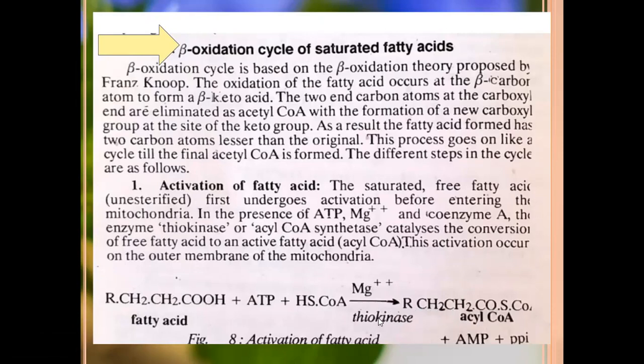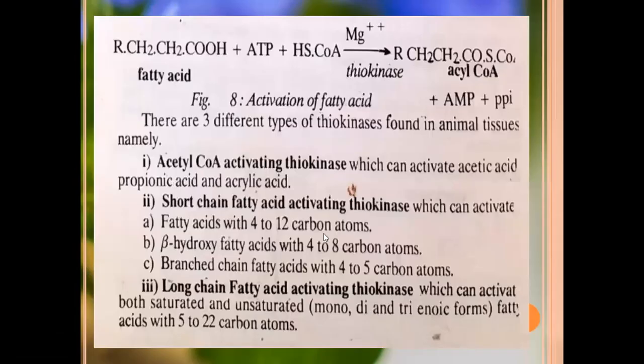It is the first step of the beta oxidation cycle. Here the fatty acids are converted into acyl coenzyme A in the presence of thiokinase enzyme. This process is called activation of fatty acids.